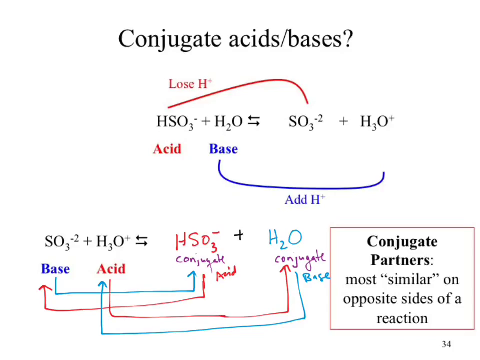If you are asked to identify the conjugate base, technically our acid and our base show up on both sides of the equation, which means our conjugates technically show up on both sides of the equation. If I ask you which of these is the conjugate base, there are some people who interpret it as anything that is a base. Both of those are base species.